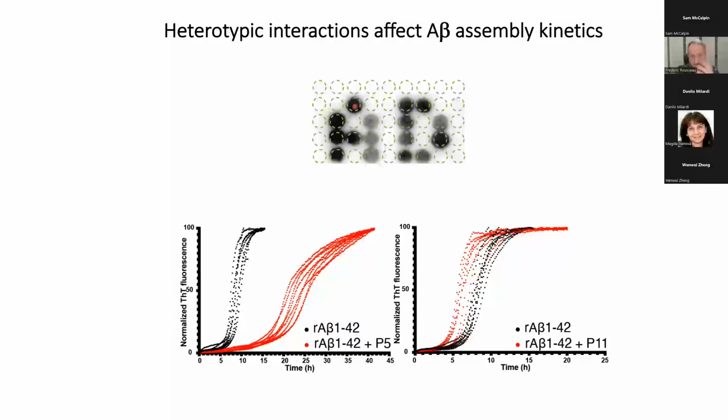Because some of them bind and others do not, you can then look at how these interactions affect the behavior of amyloid assembly. We measured many of them, and I'm just showing you two examples. Some of them can accelerate A beta aggregation, and others can slow it down.